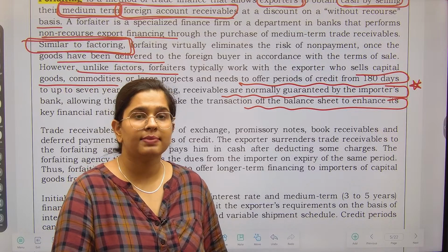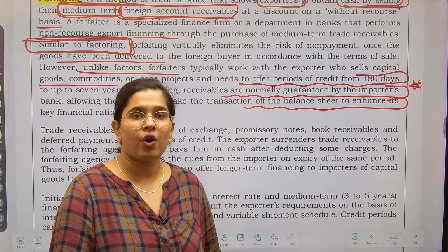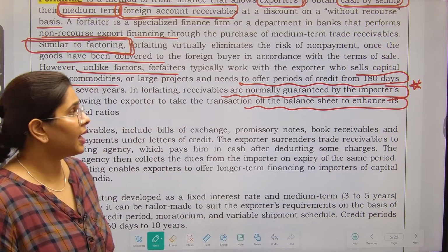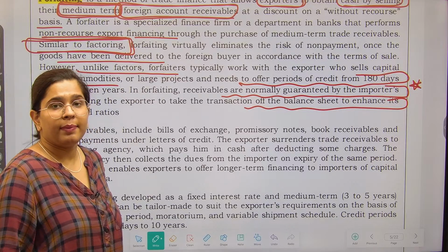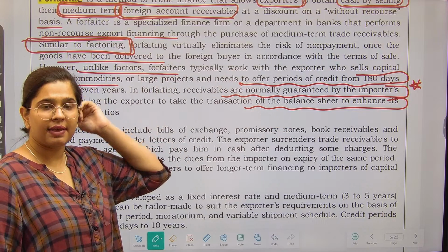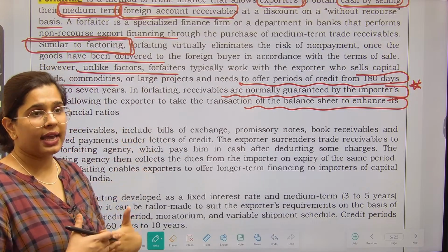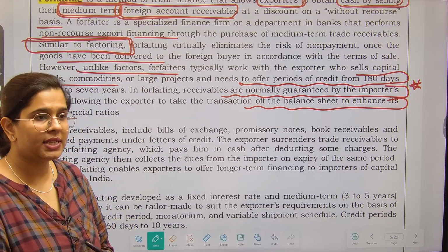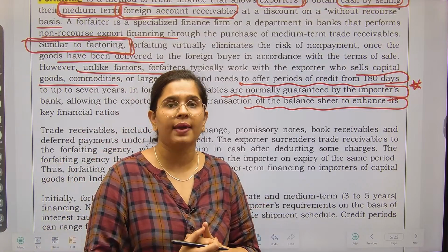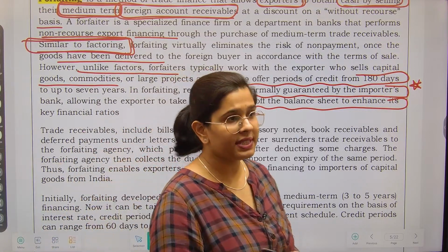Number 3, it is based on the medium term foreign receivable. Medium term foreign receivable means the money that you will be getting will be anywhere between 180 days to 7 years. That means हो सकता है 6 months में payment मिल जाए and हो सकता है there might be 7 years. Okay, there might be a duration of 7 years.